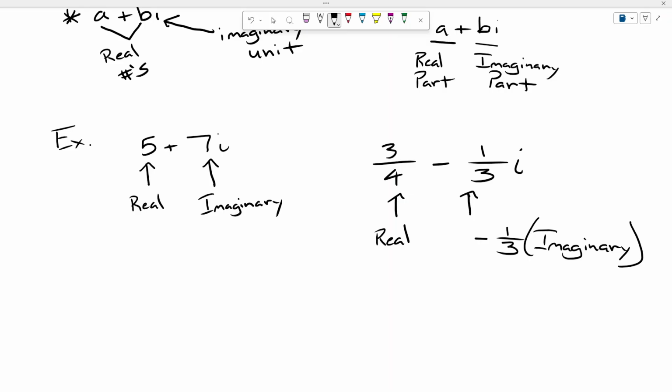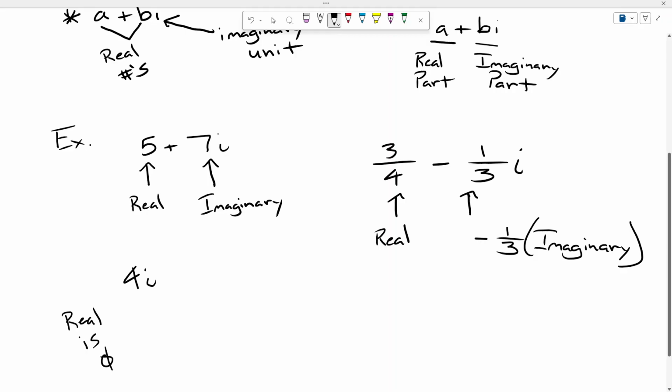And just in case you saw something like this, if we were just given 4i, in this case there's no a out front, which is fine. It doesn't have to be there. So in this case, our real part is just 0.